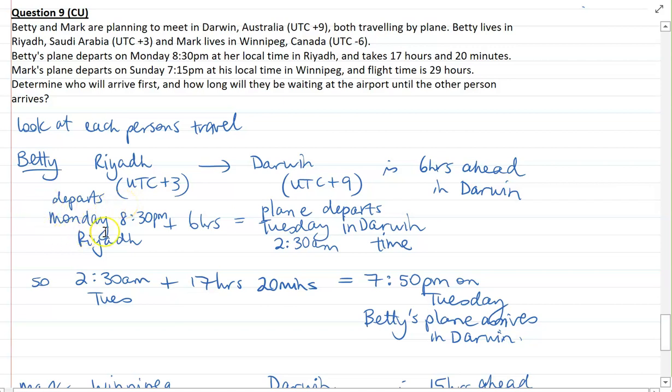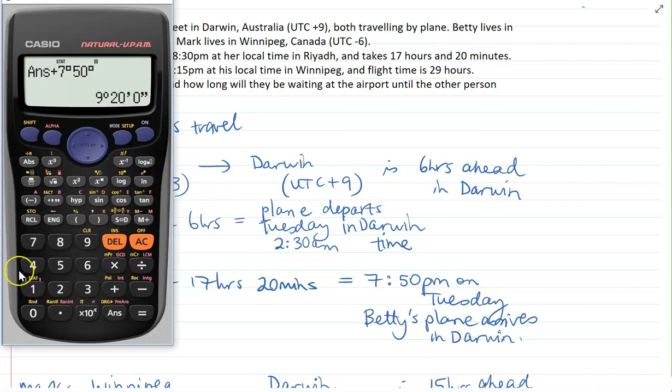So if she departs Monday 8:30 p.m. in Riyadh, that means the plane's departing at the equivalent time of Tuesday in Darwin at 2:30 a.m. Then all I need to do is add on her flight time. So 2:30 a.m. plus the 17 hours and 20 minutes means she lands in Darwin at 7:50 p.m. on Tuesday. Remember, I can check these with my calculator.